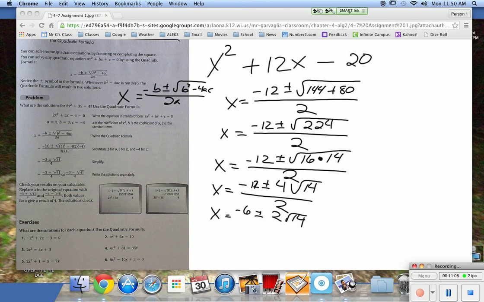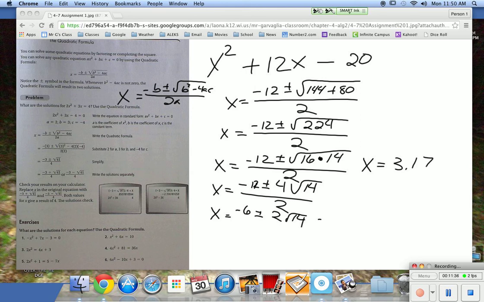Now I can say minus 6 plus 2 times the square root of 14. This equals negative 3.17. So I went, let's see, 3.17.